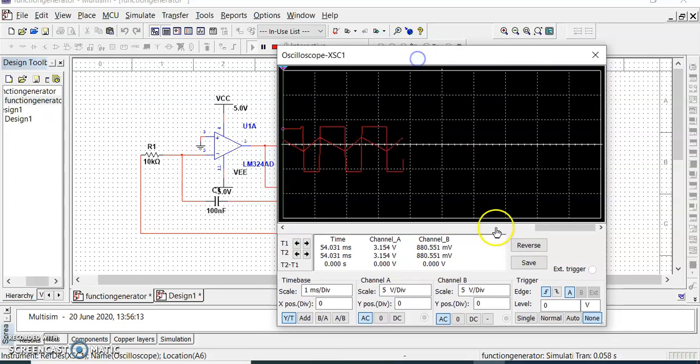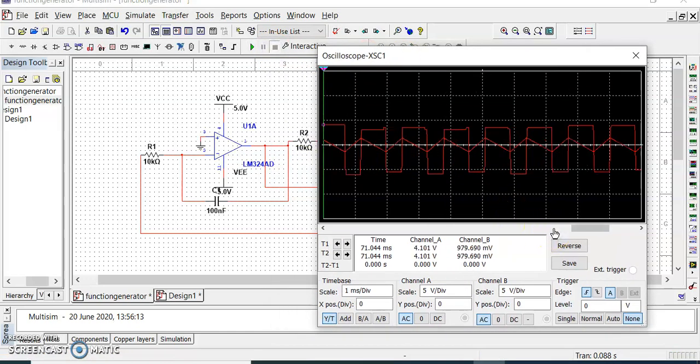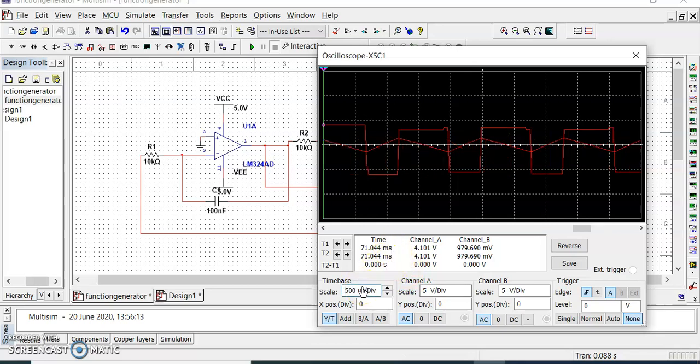From this output waveform, we are going to calculate the frequency of this particular output wave. For that, we need to calculate the time period and then inverse it to get the frequency. For the sake of understanding, I am increasing the time period.